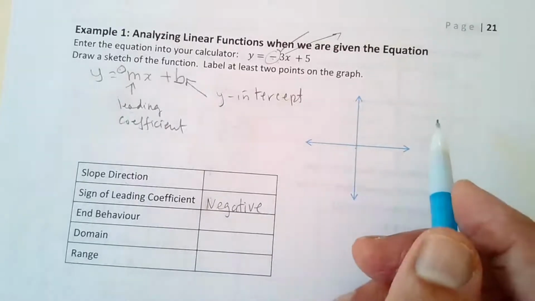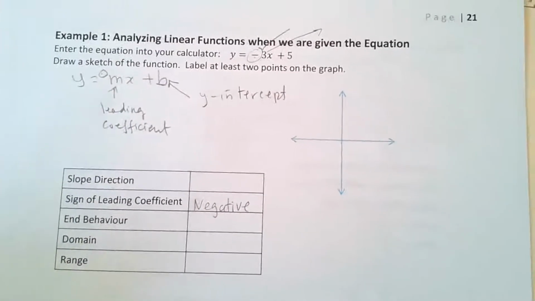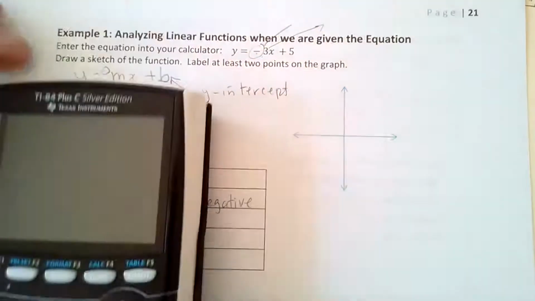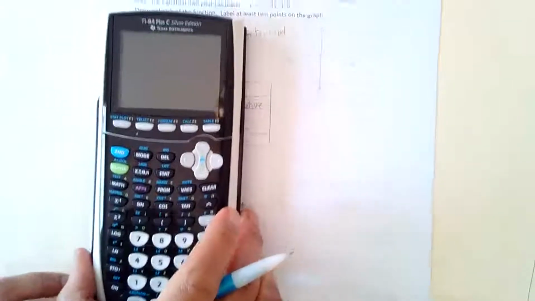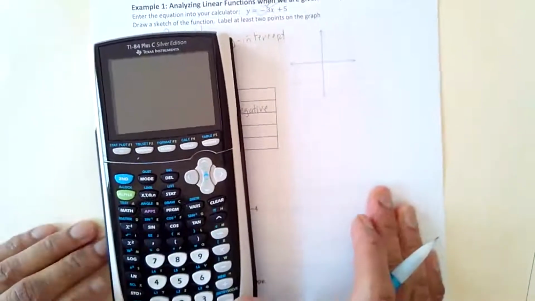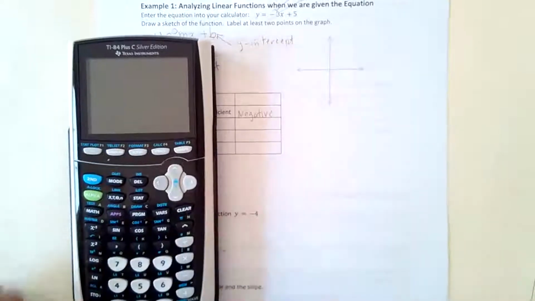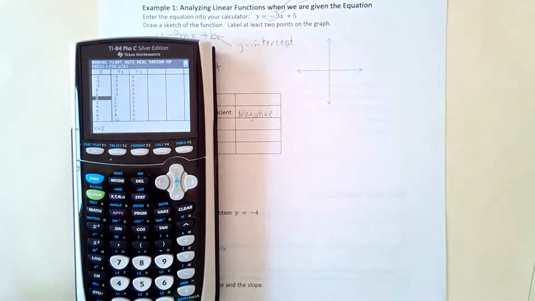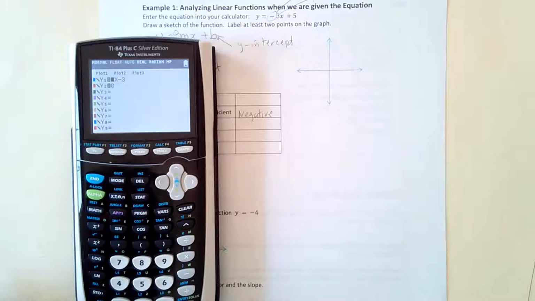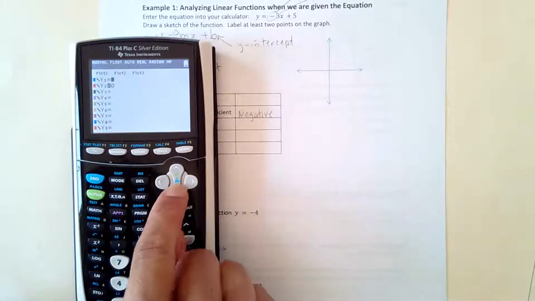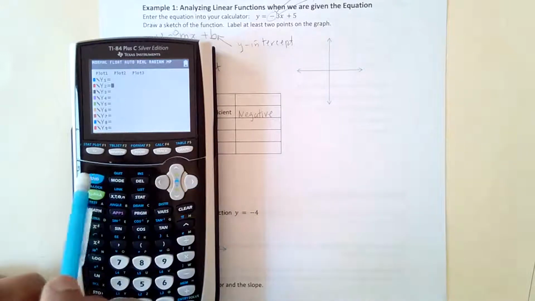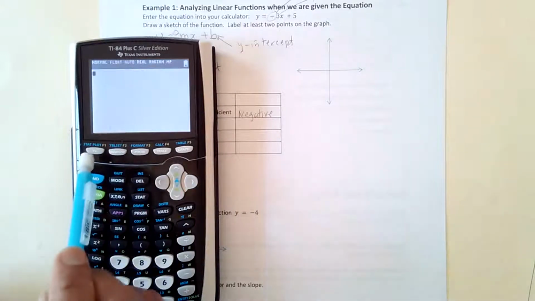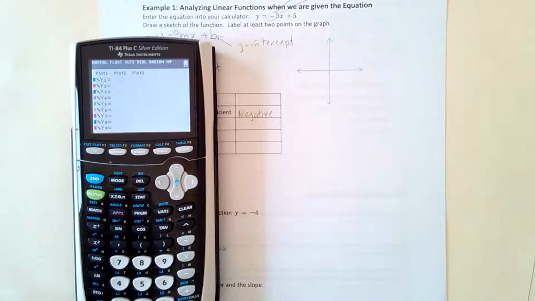Let's see what happens. We are going to go to the calculator here. We'll zoom out. Just a reminder for those of you who probably went too quickly there, I'll slow down. I'll press my Y equals button and clear.